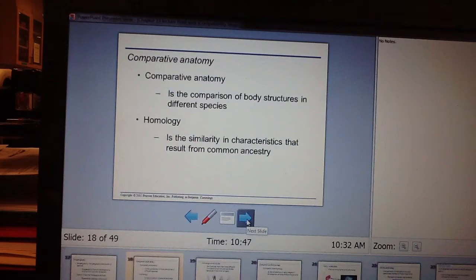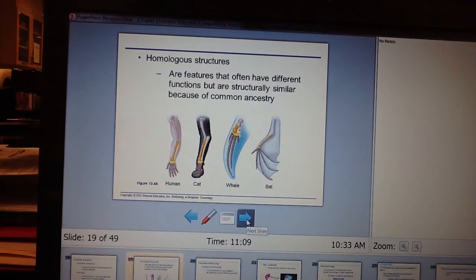The other type of evidence besides biogeography is comparative anatomy. Simply by comparing the anatomy or body structures of different organisms, we can tell if they're related. Then we have homology. Homology basically says, if you have the same traits, it means you have the same DNA, which means you have a common ancestor that passed on that DNA. So let's look at homologous structures.